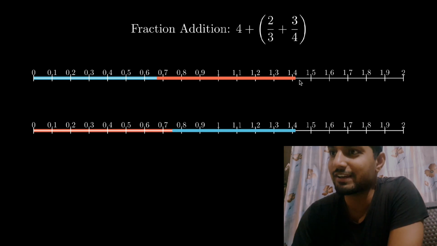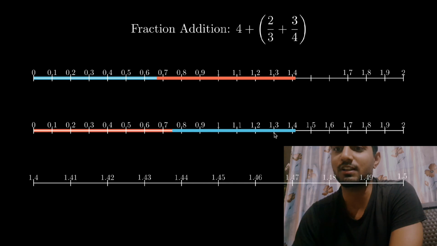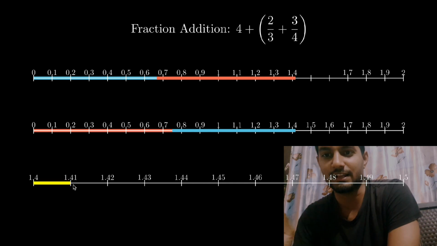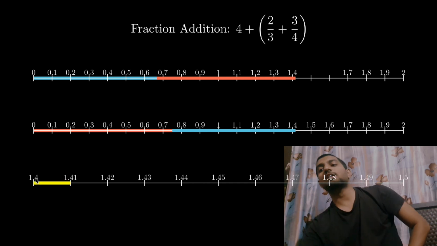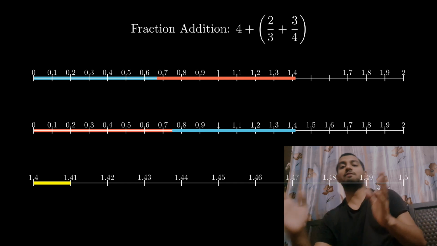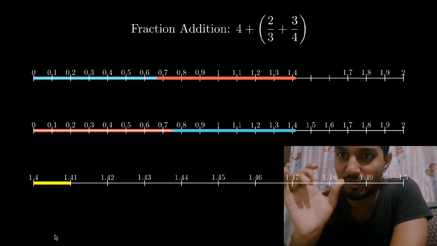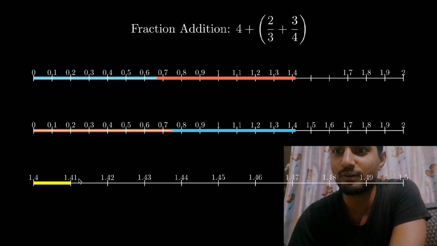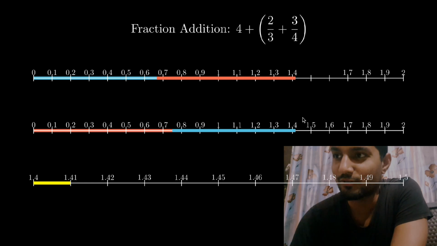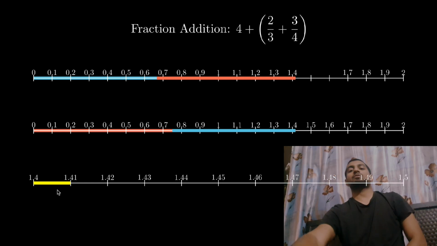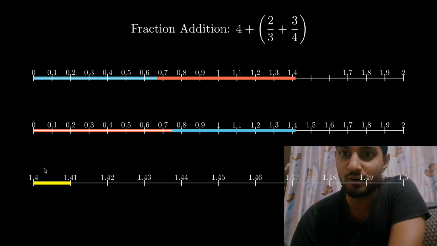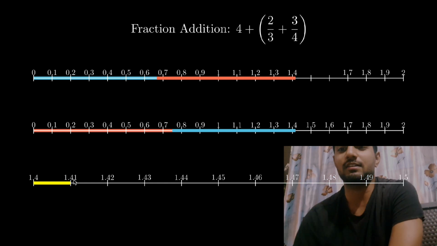But in decimal, we can subdivide this 1 by 4 into another fractions of 10. So now 1.4 and 1.5 can be subdivided into multiple tenths. Small chunks that we call 1.41, 1.42, 1.43, and we know this extra, this little part, could become 1 unit, right? So our solution will become not 1 by 4 but 1.41.